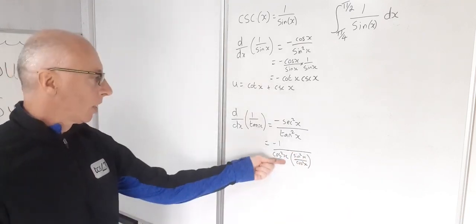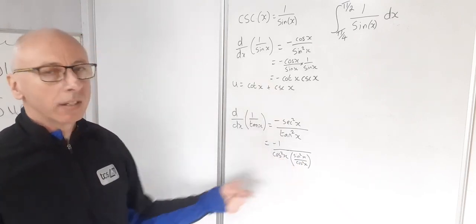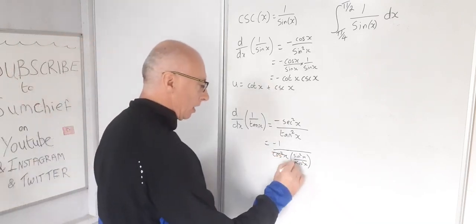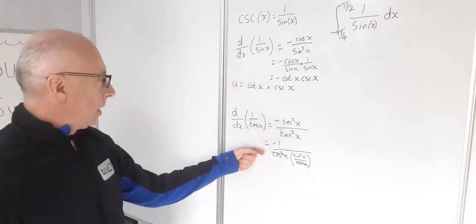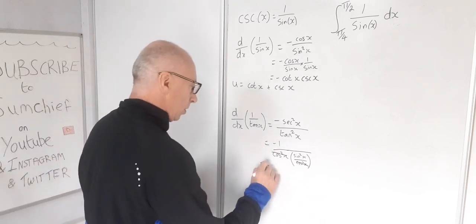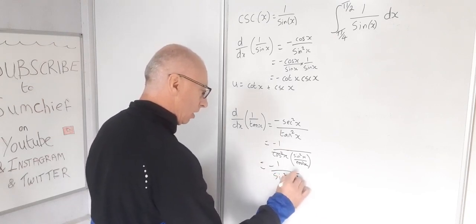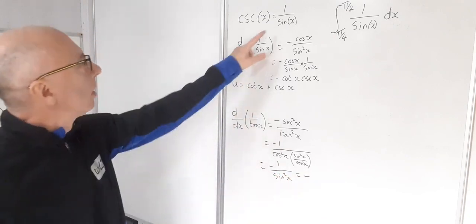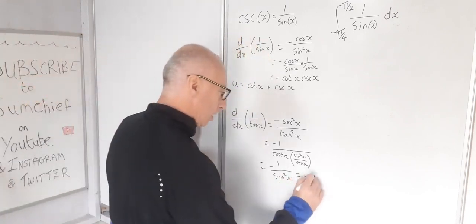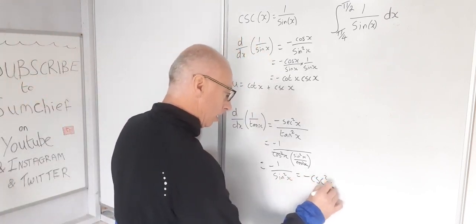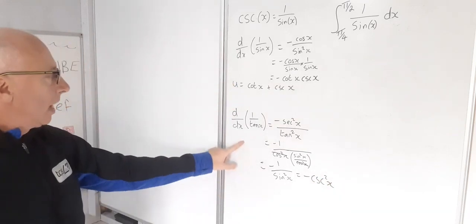And that's pretty handy. We've got a cosine squared there and there, we could just cancel them out. That is all legit. So now our derivative here equals negative 1 over sine squared of x, which is the same as the negative cosecant squared of x. So that's that taken care of.